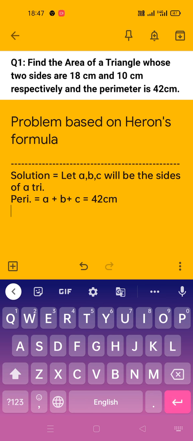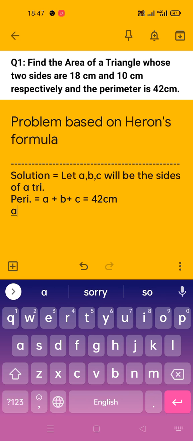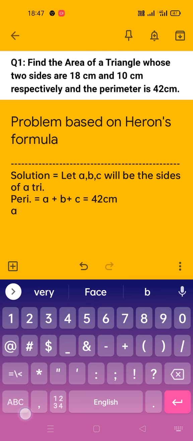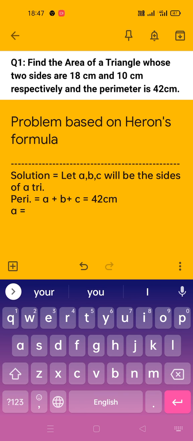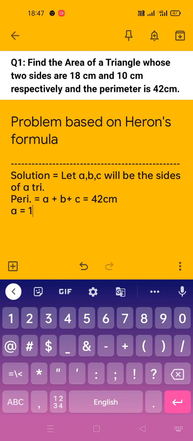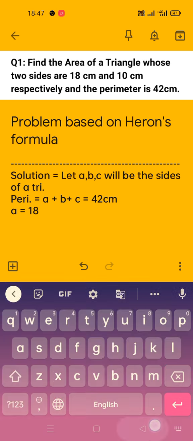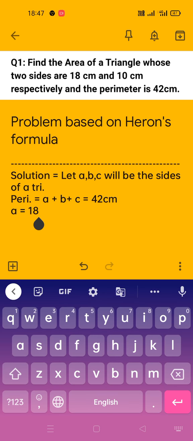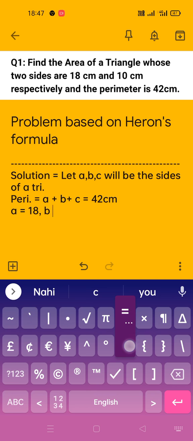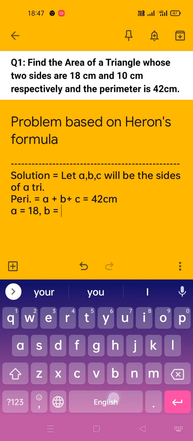Now let us come down. What is the value of a? 18, right? And what is the value of b? It is 10 cm.